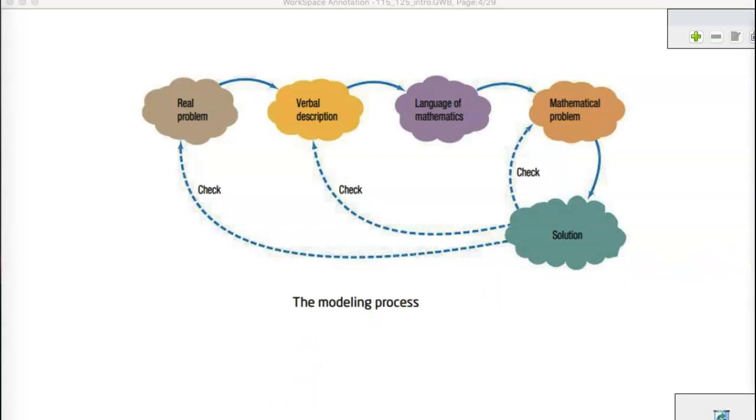But this whole idea about algebra, right? We use mathematics to model. It's a modeling process. We have to take a real problem in words, break it up into a verbal description, and then translate that into the language of mathematics.